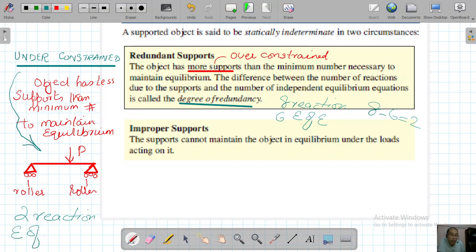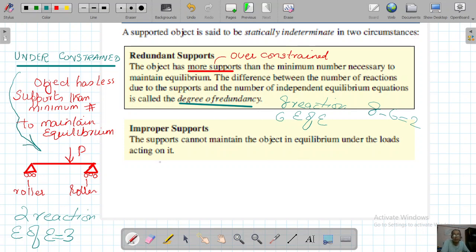So again the difference is 1, the statical degree of redundancy. It is also called a statically indeterminate case, and it cannot be solved. Then there are improper supports: the supports cannot maintain the object in equilibrium under the loads acting on it.